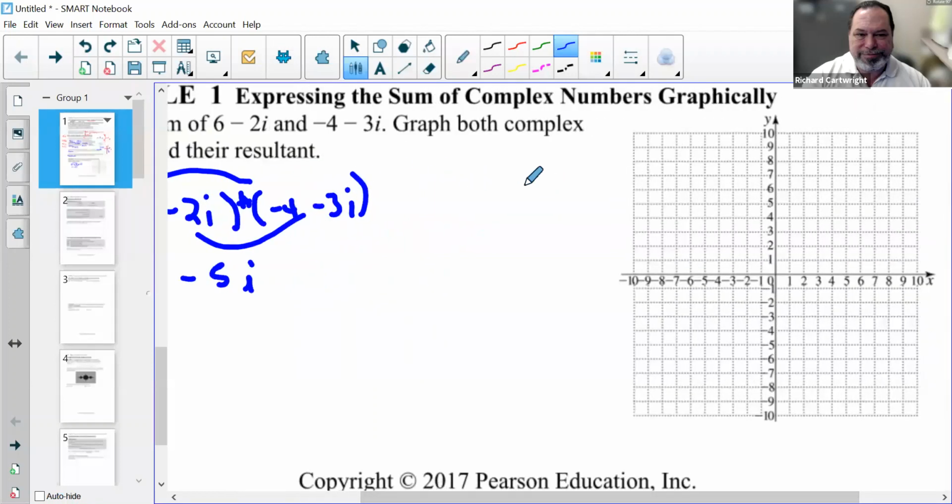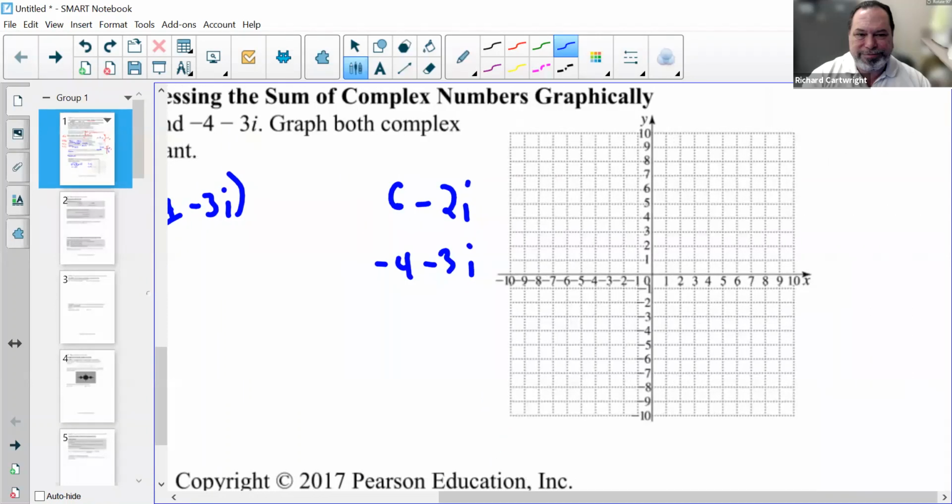I'm adding 6 minus 2i, and I'm adding a negative 4 minus 3i. So in the drawing, we're going to treat the y-axis as the i, so whenever you see something coming up, it's actually a bi, some number times i. And then on the x, that's my a component.